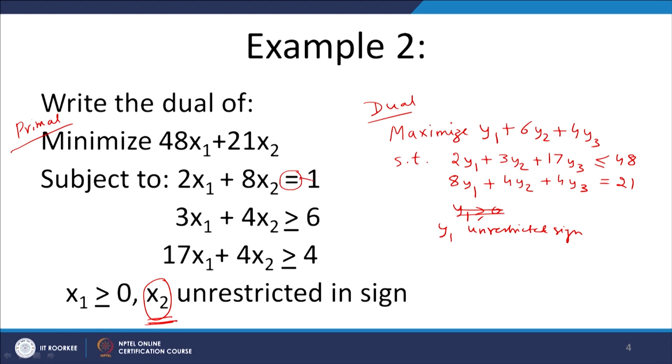Because the first constraint of the primal is an equality, and y2 should be greater than or equal to 0 and y3 should be greater than or equal to 0. So, we have the dual in terms of 3 variables. So, remember that if you have an equality constraint in the primal, that corresponds to an unrestricted variable in the dual, and similarly if there is an unrestricted variable in the primal, it corresponds to an equality constraint in the dual.